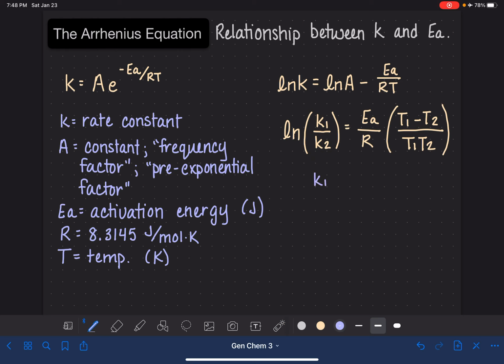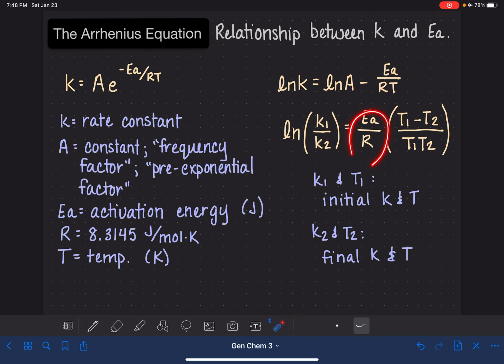So for this, we would say that k1 and T1 would be an initial rate constant and an initial temperature, and then k2 and T2 would be a final rate constant and a final temperature. And then the other variables are the same. This equation is derived from this equation.